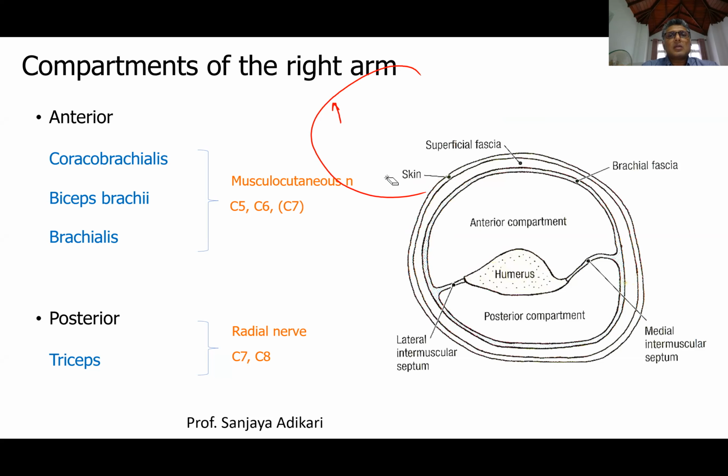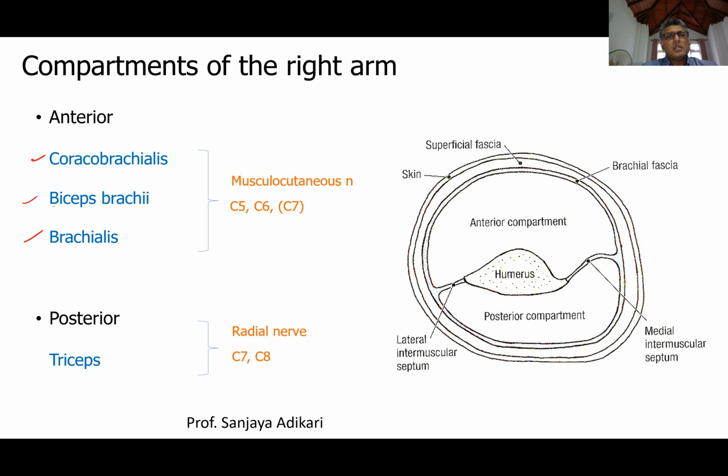In the arm there is a lateral intermuscular septum and a medial intermuscular septum, dividing the arm into an anterior compartment and a posterior compartment. In the anterior compartment, there are three muscles: coracobrachialis, biceps brachii, and brachialis.